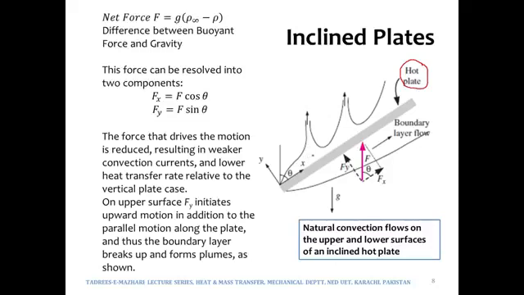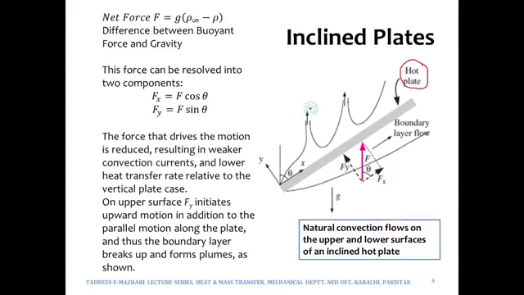So the flow over this plate on the upper side, because this plate is no more vertical, rather it is inclined. We can see that on the upper side of this inclined plate, this Fy, which is in this direction, will try to move the fluid in this particular direction, along with movement along the plate. But due to gravity, due to the weight of the fluid, the boundary layer will not keep on growing forever.